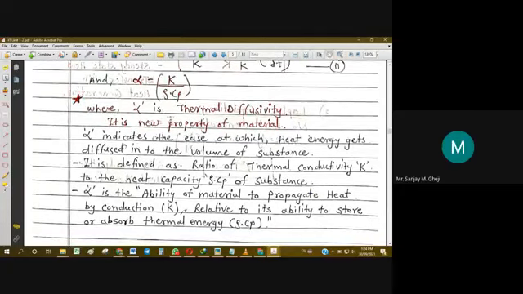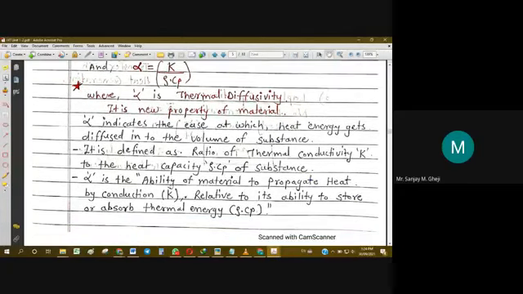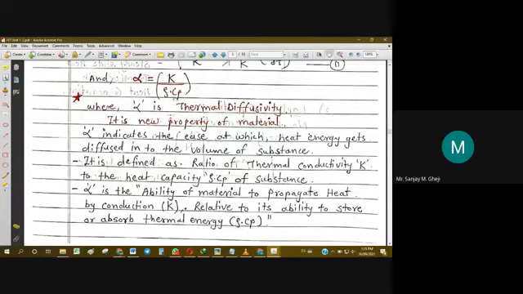This ratio indicates the ability of material to propagate the heat by conduction relative to its ability to store or absorb the thermal energy. So rho Cp means storage capacity. Suppose some material is heated. What will happen?